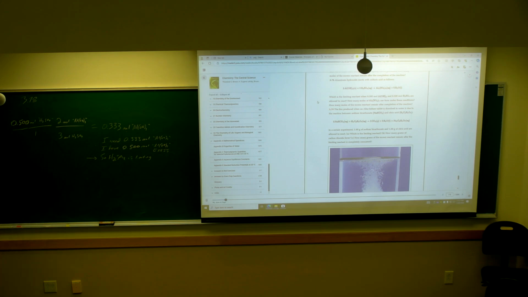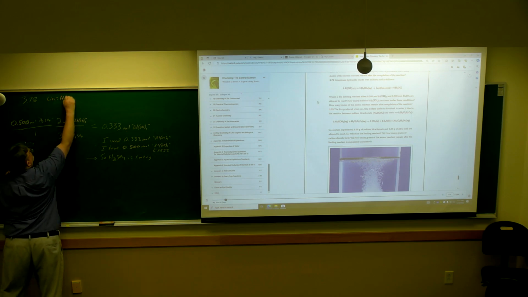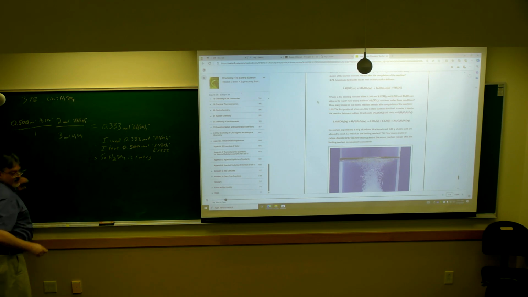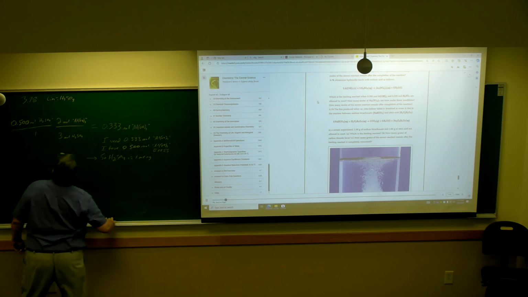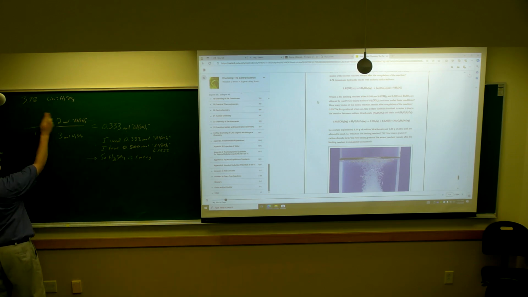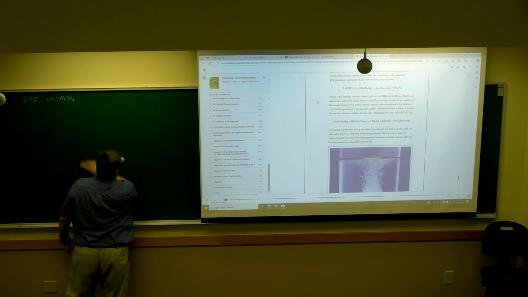You with me here? So the limiting one is H2SO4. I'll just write this so I won't forget in 4 seconds what we concluded. But the limiting one is H2SO4. So now we're done figuring out which is limiting and which is excess.